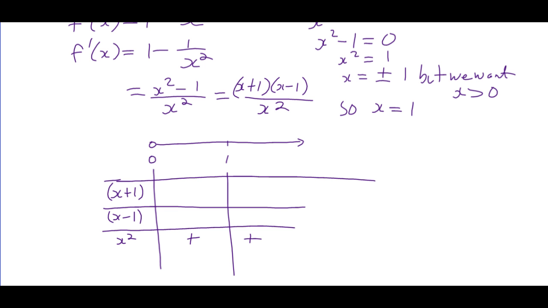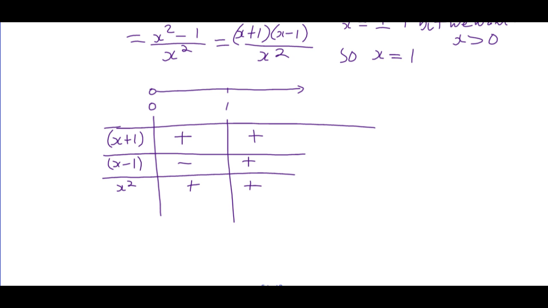Well, x squared is always positive. x plus 1, since we're going above 0, is just going to be positive. But x minus 1, when you've got like a half in there, will be negative here, and then it'll be positive.